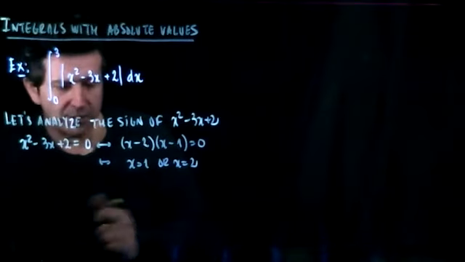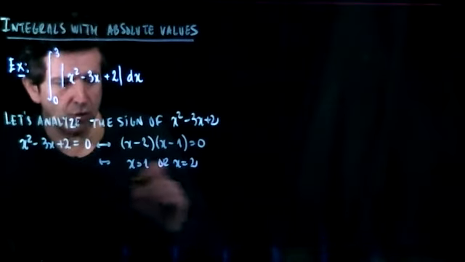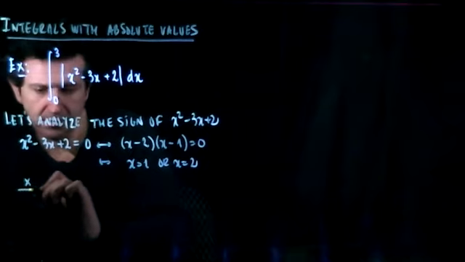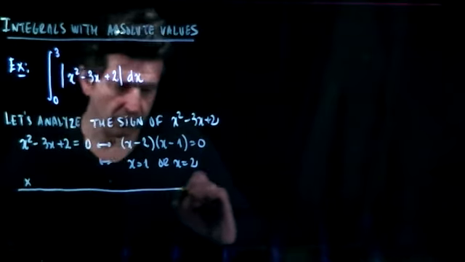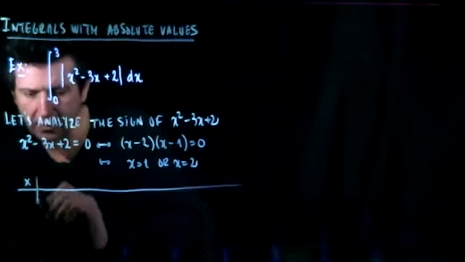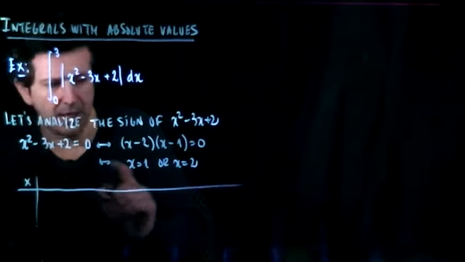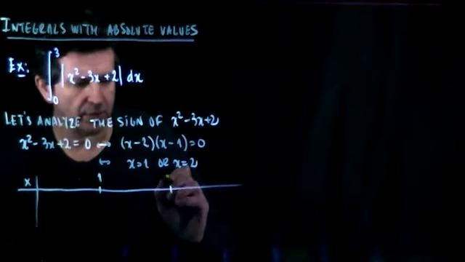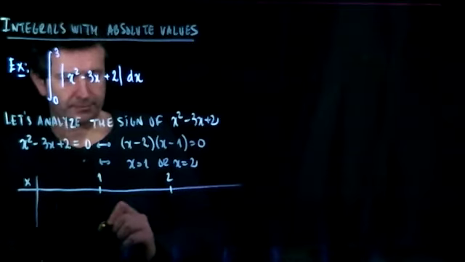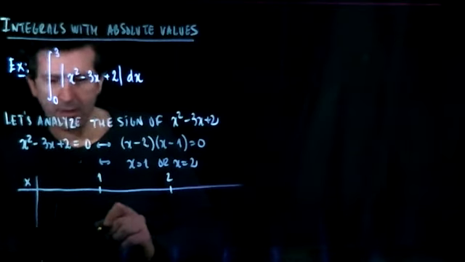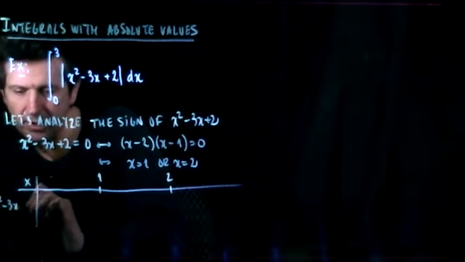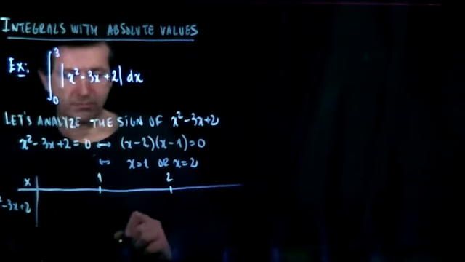At this point, I like to do a sign table as follows. x, it becomes 0 at 1, and it becomes 0 at 2, and here I will have x^2 minus 3x plus 2.